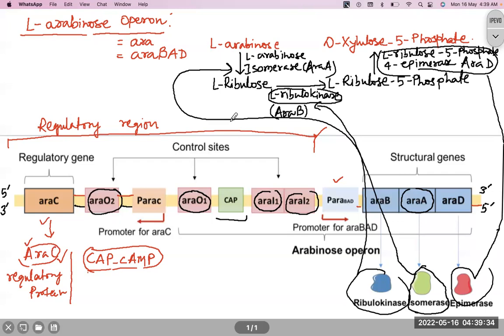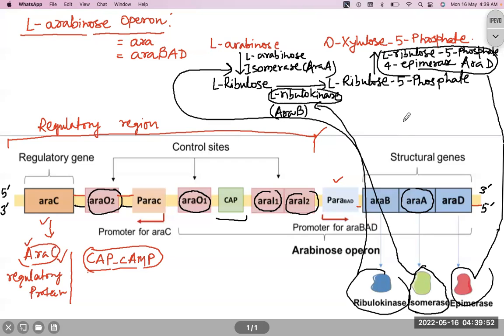So this is the pathway where the gene products of the L-arabinose operon are required for the metabolism of arabinose sugar.